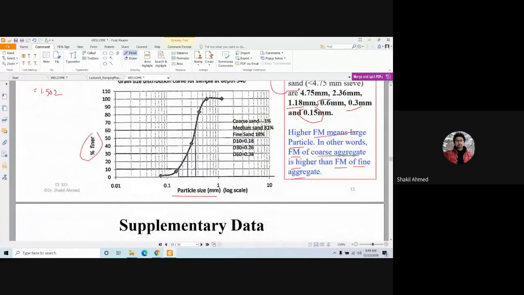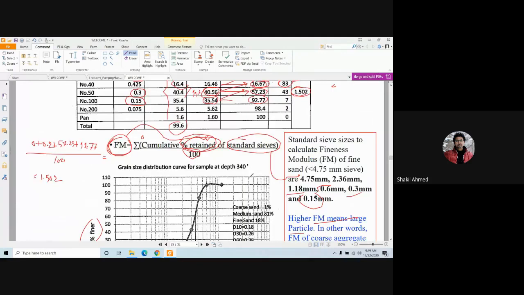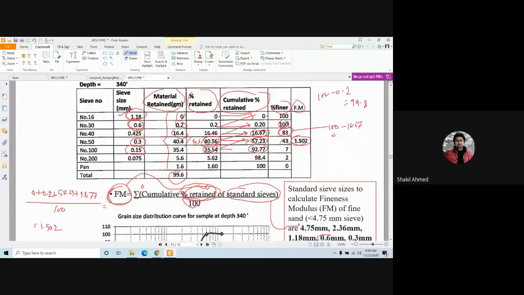Now you'll get this graph. What does this mean? It means that 43% of particles are smaller than 0.3 millimeter.